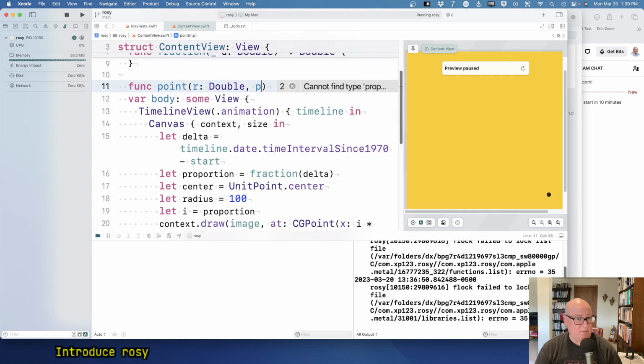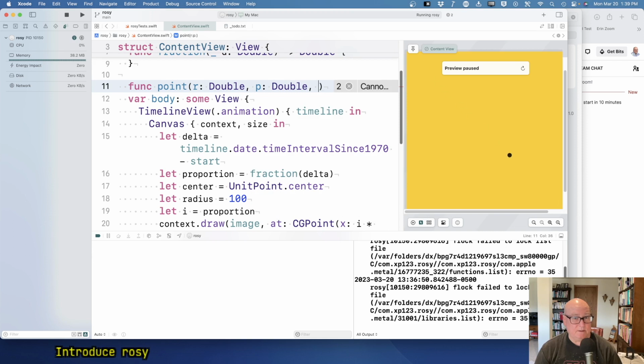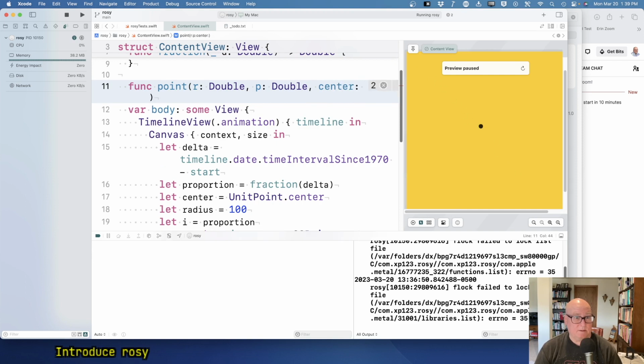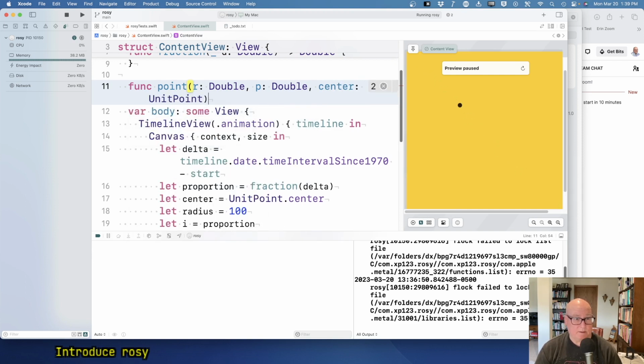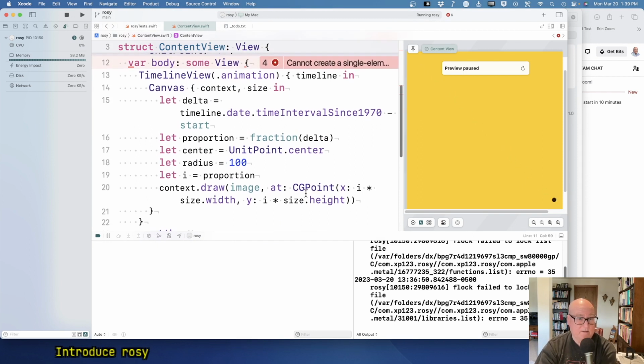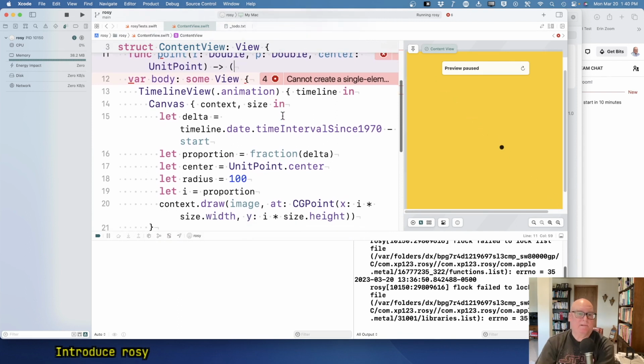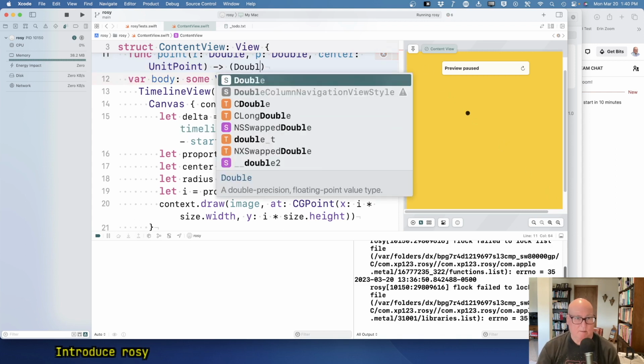I'll call it P for proportion is a double, and center is a unit point, and it's going to return a CG point. Is it? I think maybe it returns an X and a Y, double.